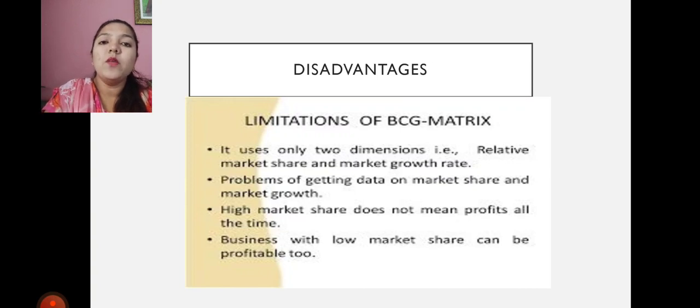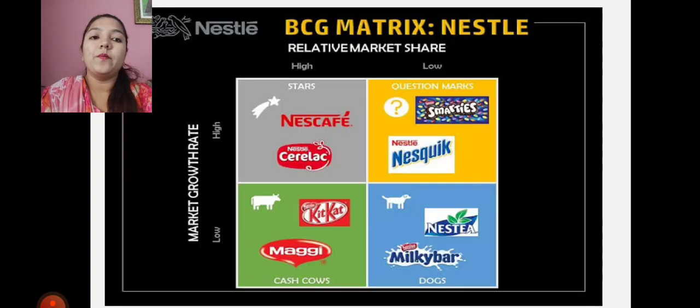Sometimes a medium type of unit is also considered by the GE 9 cell matrix, that is McKinsey's 9 cell matrix. With that matrix we can clearly understand where the product is situated, whether in the high, medium or low, so we can decide.